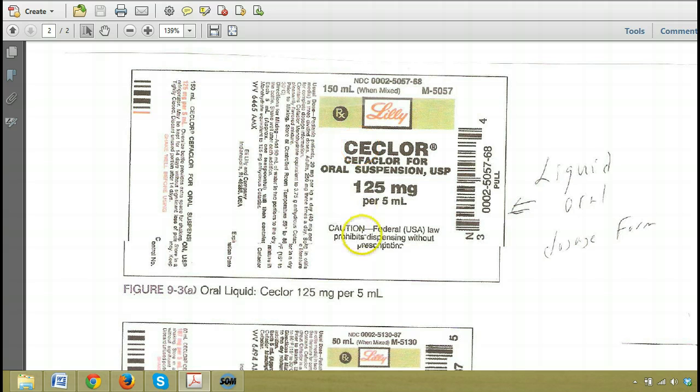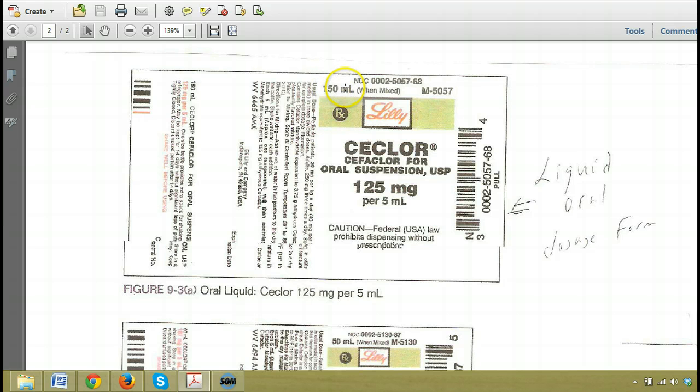Here's Ceclor, and actually I think I have a problem with Ceclor here. If you look at this label, it has a lot of numbers on here. Let's look at a couple of them. One number is 125 milligrams per 5 mLs. That's the strength that's supplied in the bottle. So it's the 5 mLs that we're going to use for H, and we'll come back to this when we do the problem. This 150 mLs, you're not going to use that.